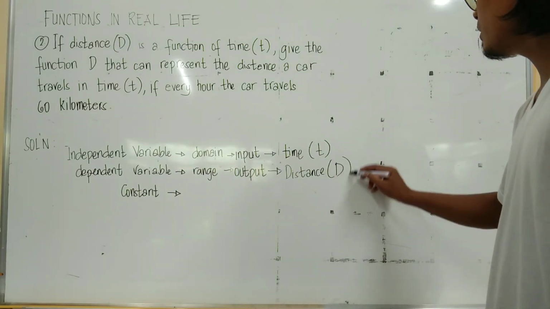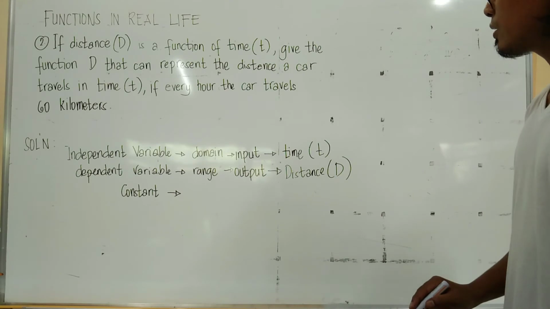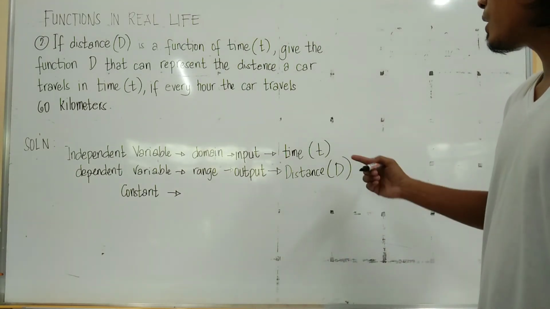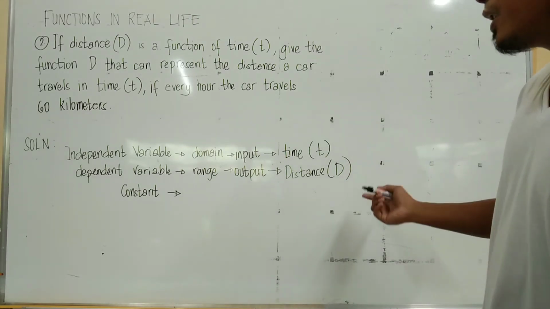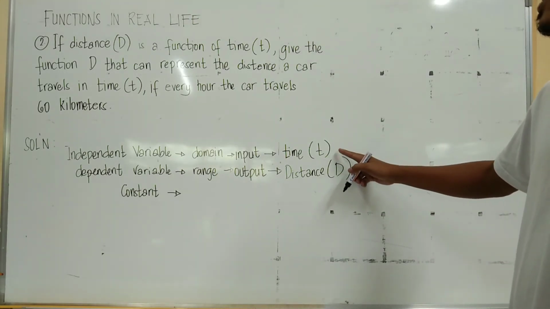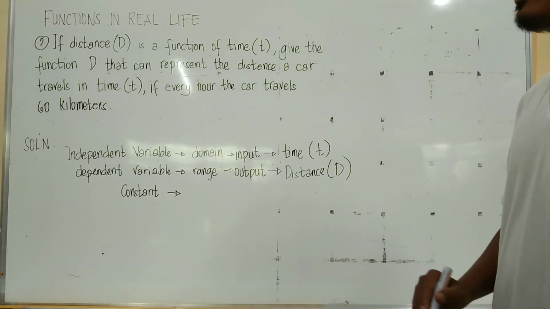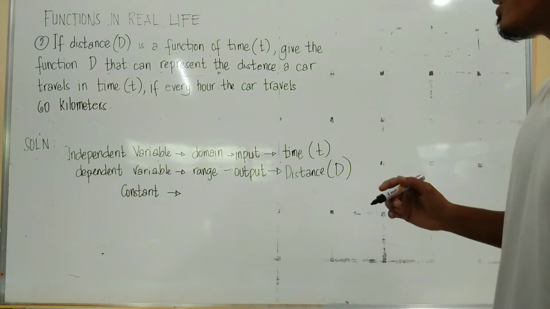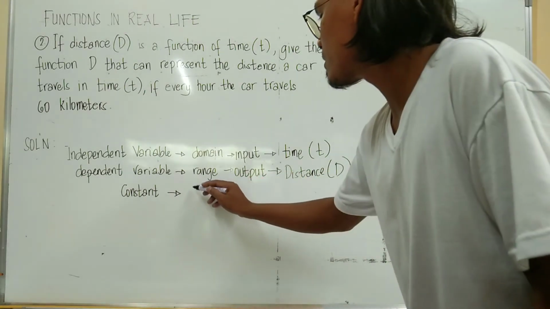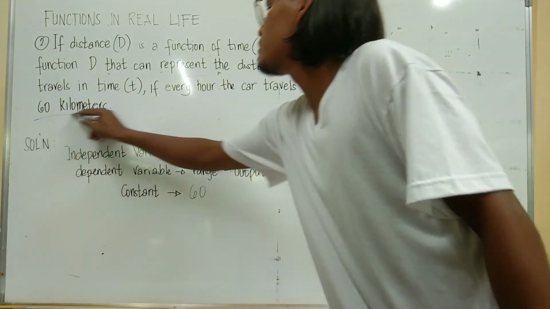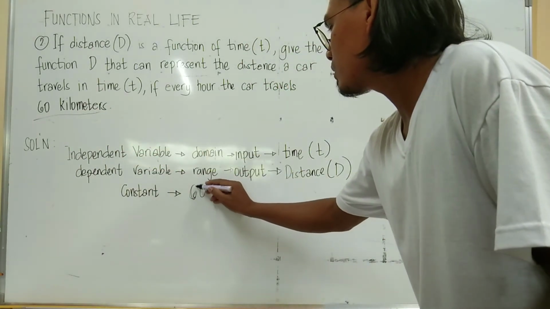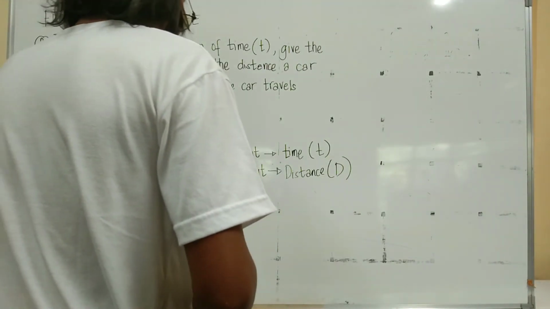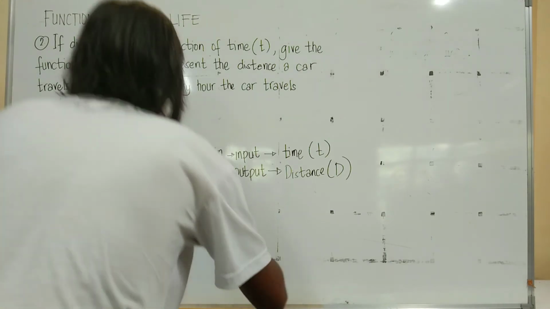denoted by capital D. Understanding the problem, we can say that the distance a car can travel depends on the time traveled. The greater the time, the greater the distance covered. And our constant is 60 kilometers. To be basic, we will just put 60.